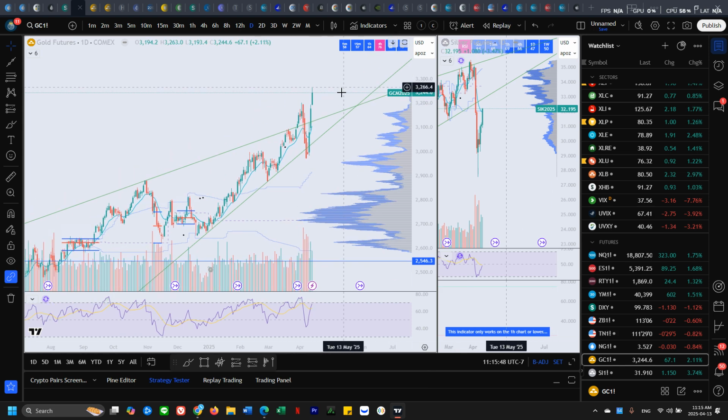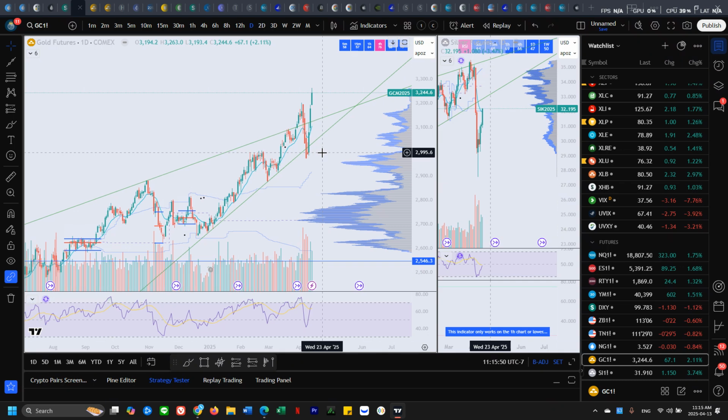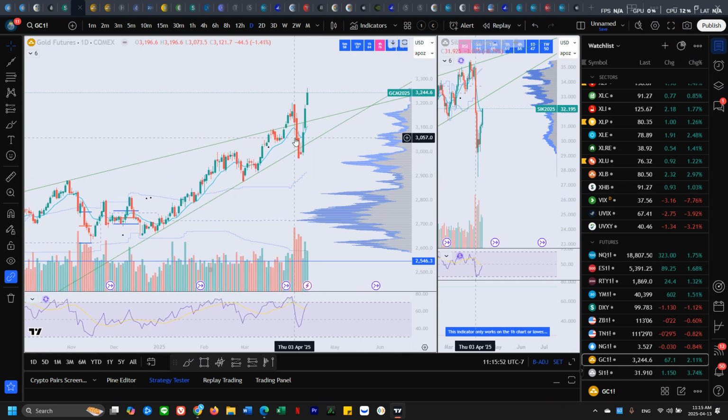So obviously it's news driven as well. We got this everything sell-off that week, including gold, and then everyone bought it back due to stagflation fears, since stagflation is good for gold. It's also a safe haven asset, so a lot of people piled back in afterwards.